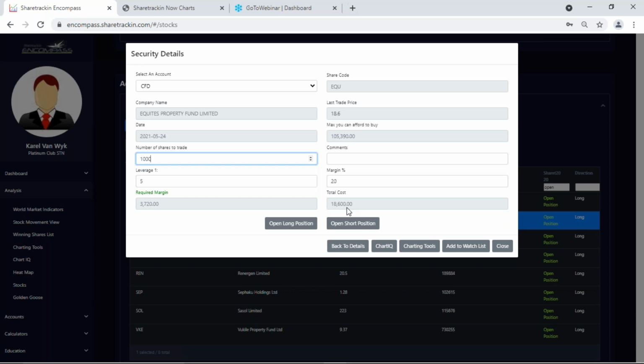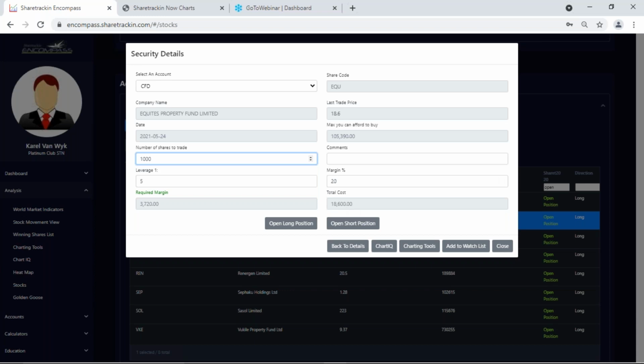That would be your profit and loss value that you are going to make it on. So when I'm talking about, okay, I've made 5% growth, I've made 5% growth on 18,600 Rand.